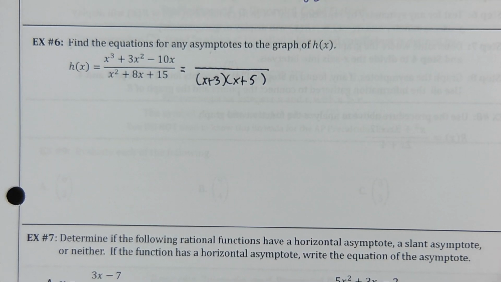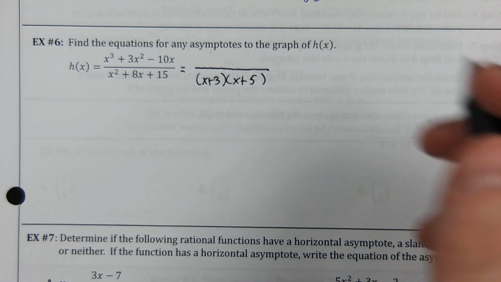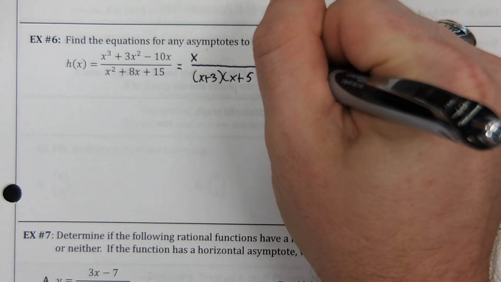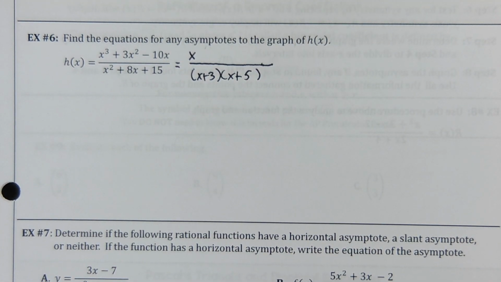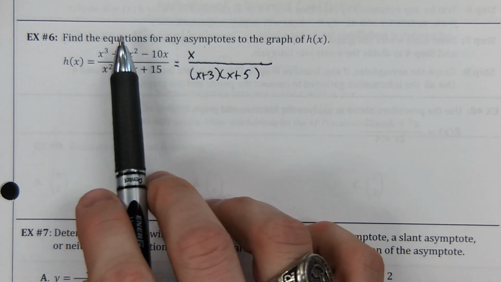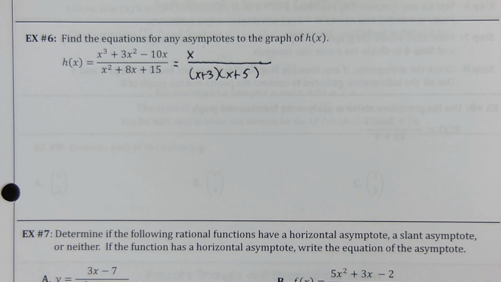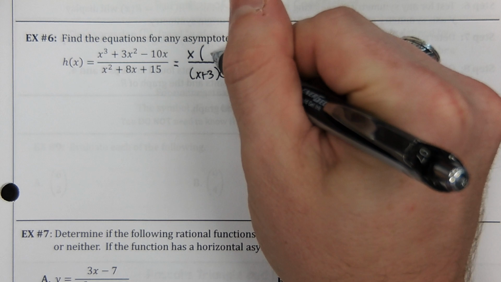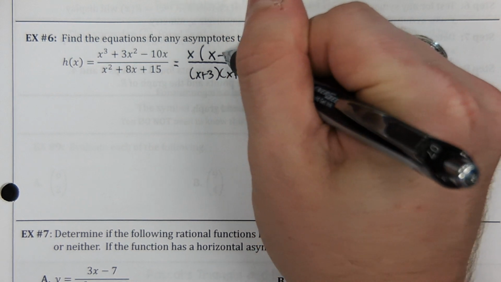On the top, there's a GCF of x. Now I just pretend this is an x squared, this is an x, and there's no x here. There are two numbers that multiply to negative 10 that add to 3. Those are 5 and negative 2.